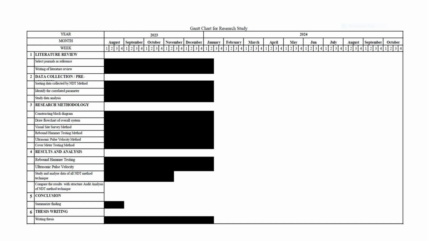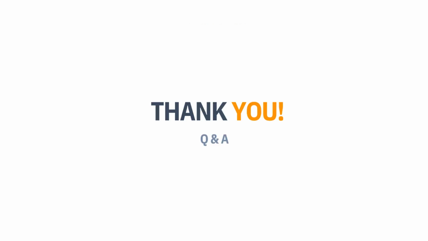It started in 2021 and is still under progress, and the last testing, the writing, is still under progress and will continue until this January. So these are the contents of this thesis presentation.